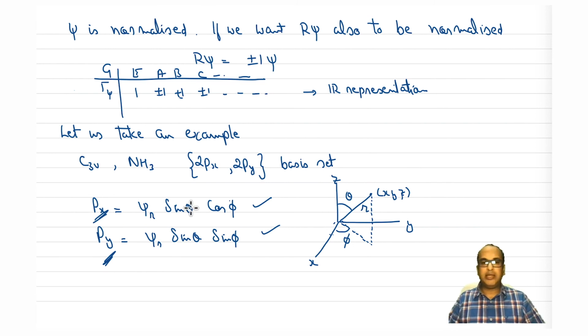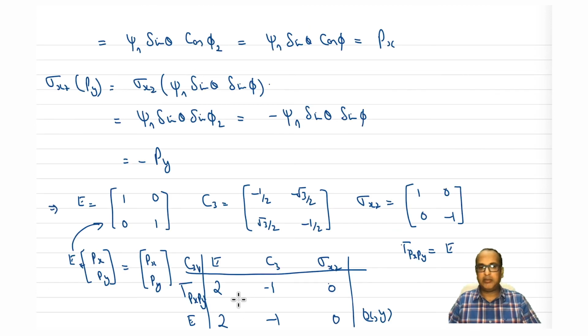When we get the result of quantum mechanics, when we solve the equation, we'll not go into details of how we get the px and py orbitals, but when we solve the equations, we get these orbitals, but we don't know whether they are px and py orbitals, which we get to know from here, that this indeed is px and py, because it is transforming as x and y, transforming as E representation under C3v point group.